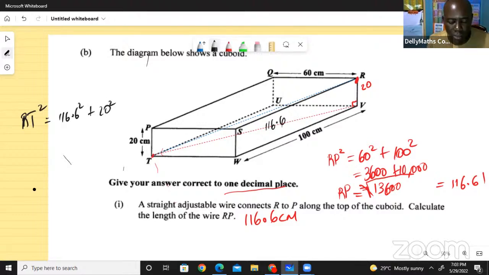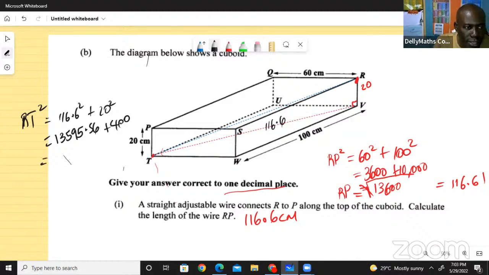I think this is going to give me 13,600 or near to that. 116.6 squared is 13,595.56, plus 400.